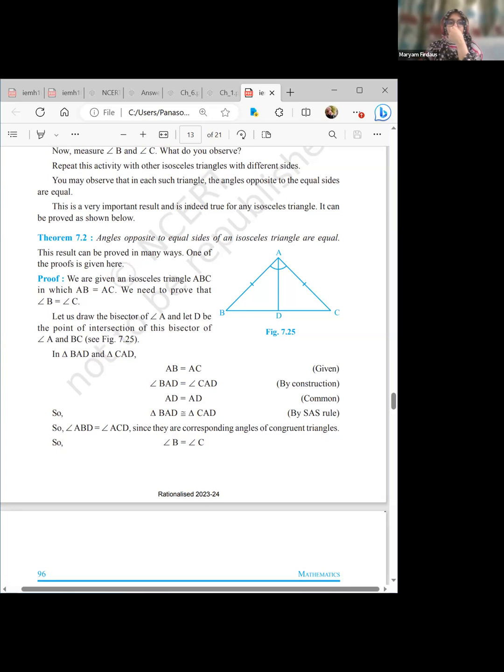Yes, Avni, where? In physics. What is that theorem that you've heard in physics? Newton's law, I think. Okay. Are they laws or are they theorems? They're laws.